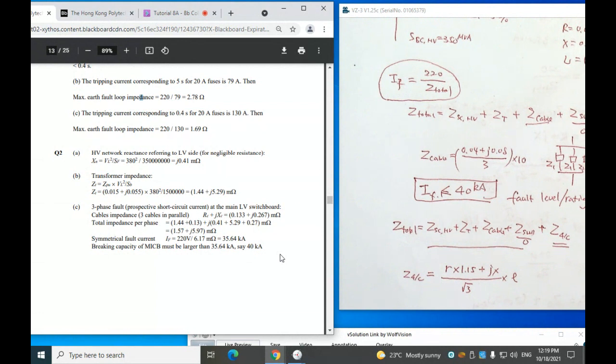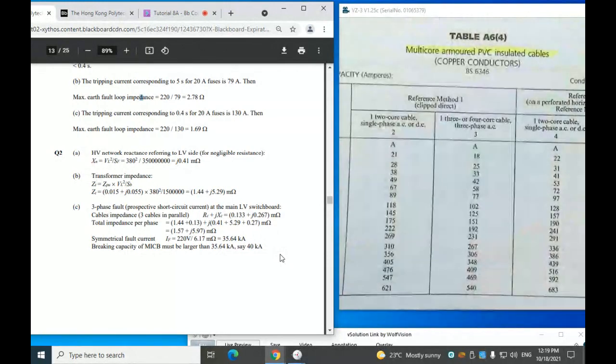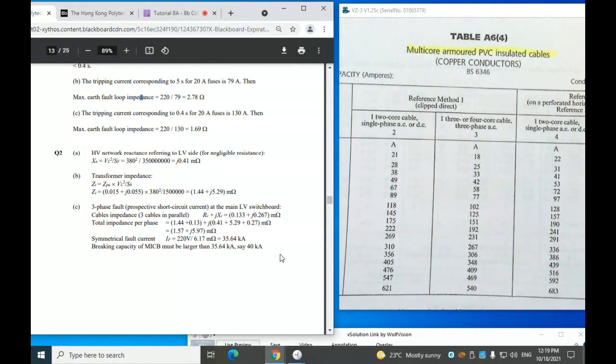R and X can be obtained from the COP table. Let's say the COP table for PVC armor cable. So this is the table, multi-core armor PVC cable, and we're looking at the impedance. This is table A64.